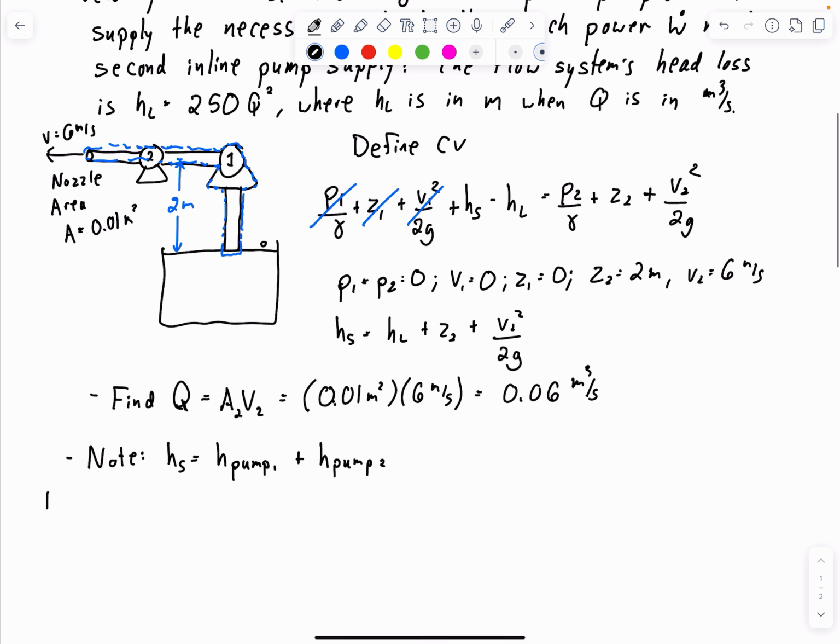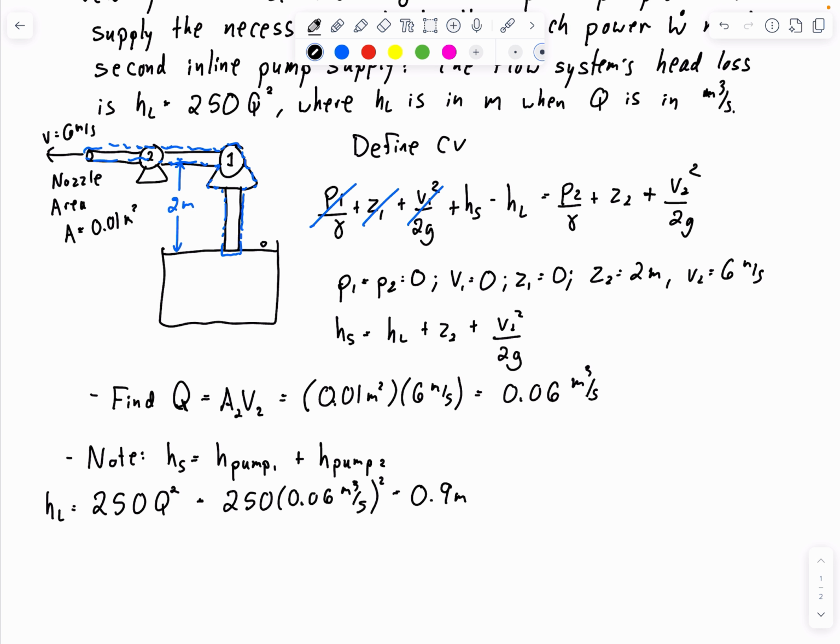So taking our expression for H sub L, this is 250 times Q squared. This is sort of an empirical relationship where you're given the flow rate in a certain unit, in this case meters cubed per second, and from this you get the head loss here in meters, so 0.9 meters.